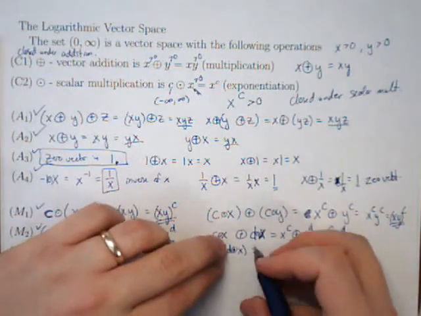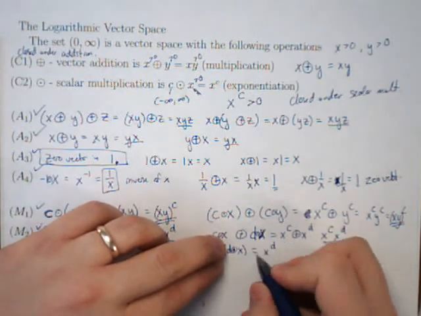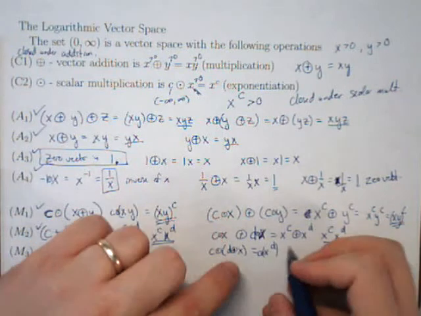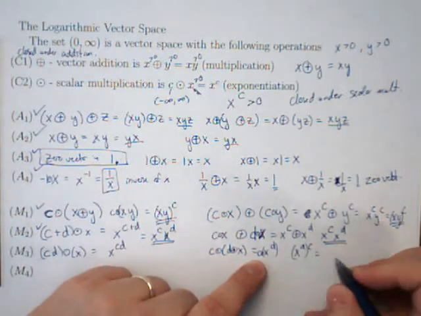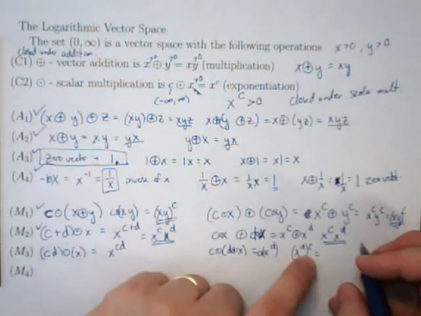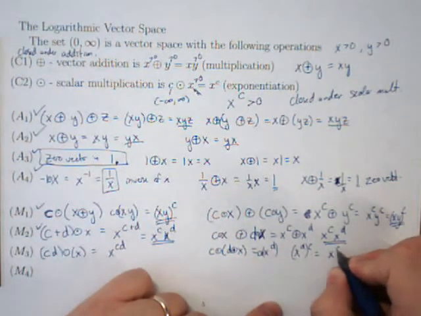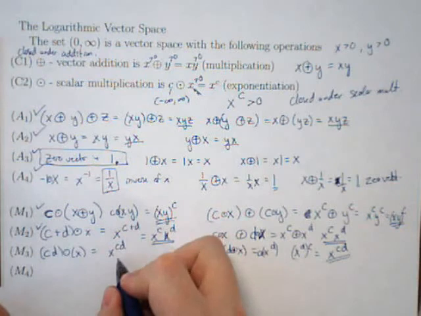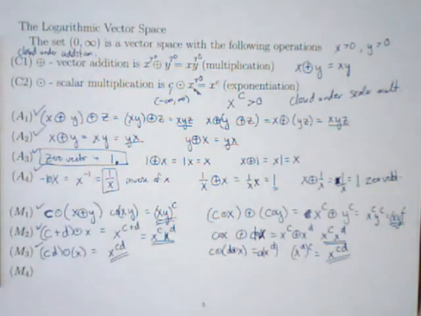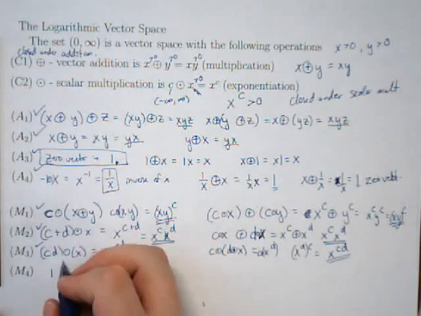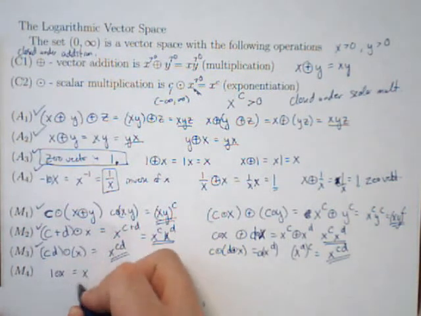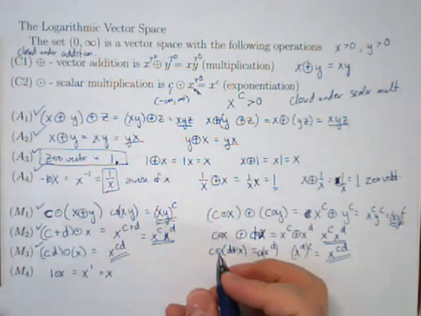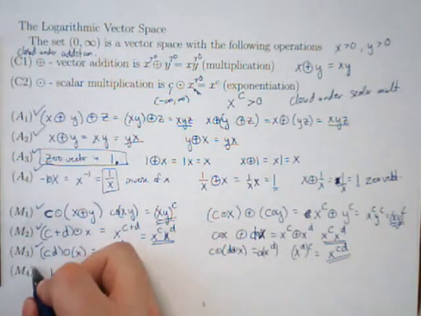Well, this one means exponentiate, take x to the d, and then multiply by c, which means let's take x to the d and exponentiate that to the c. But when you exponentiate an exponential, you just multiply the exponents together, and those two things are the same, hence that third one satisfies. Now if I take 1 and I multiply it by a vector, well, that's the same as x to the first, which is x, which means multiplication by 1 does nothing.